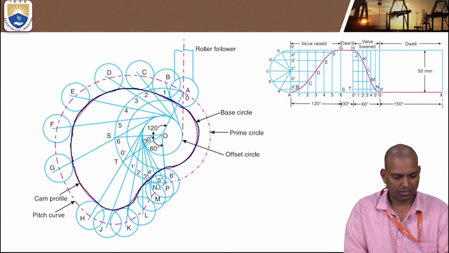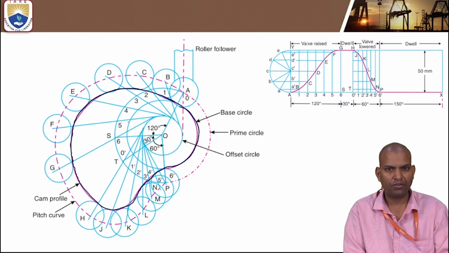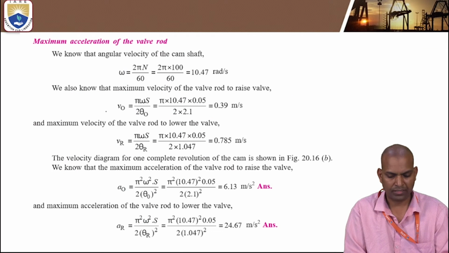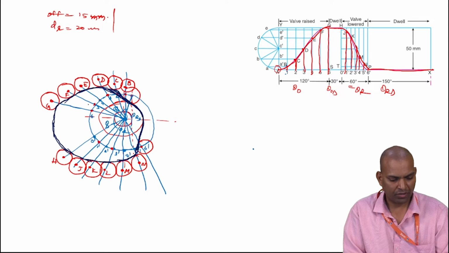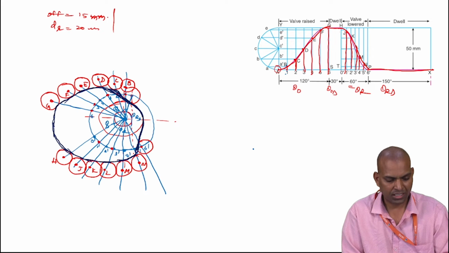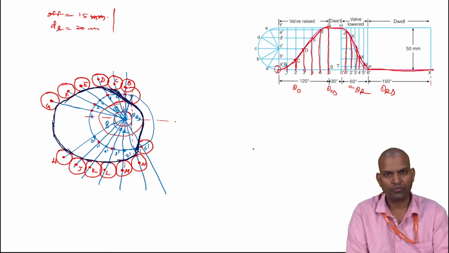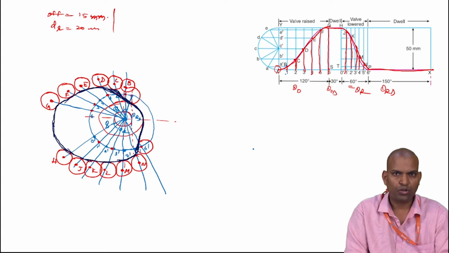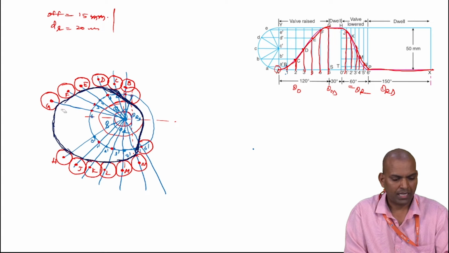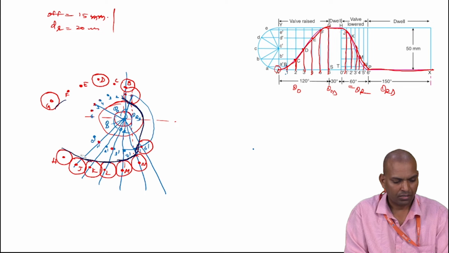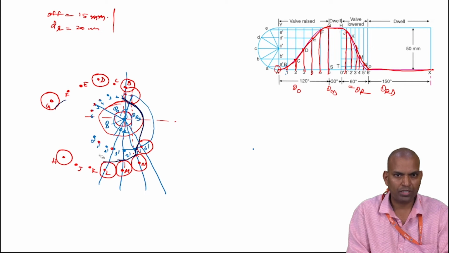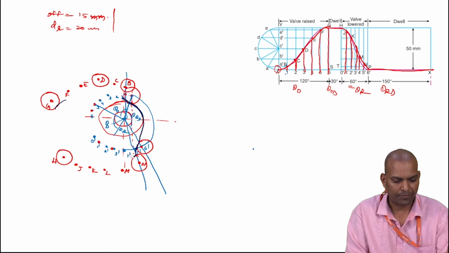So here, one thing you have to do: we have drawn radial lines here, but one should not draw radial lines. The mistake is that here we followed radial lines, as in the case study when the axis of the follower is passing through the center of the cam.